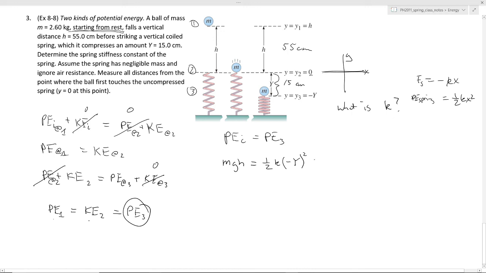Now, notice there's also a gravitational piece. We're also going down here. So there's also a factor of mg negative y due to gravity, or due to the fact that it's below 0, where we've set our y equals 0.